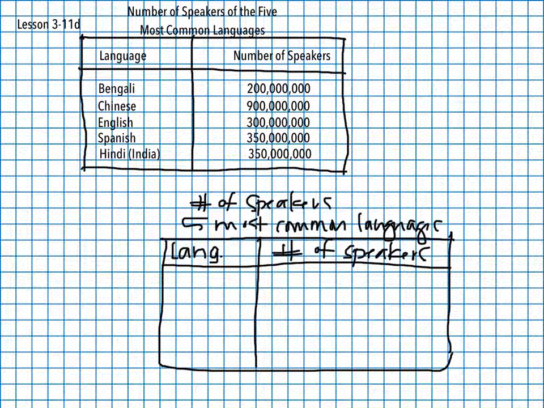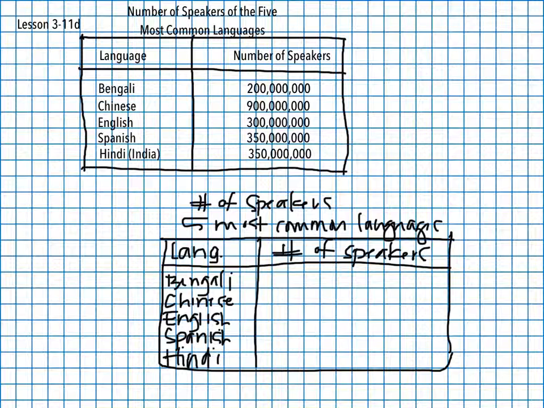Then we're going to have Bengali, Chinese, English, Spanish, and finally Hindi. Now, I thought about how I would represent these, and it was really difficult to come up with something.